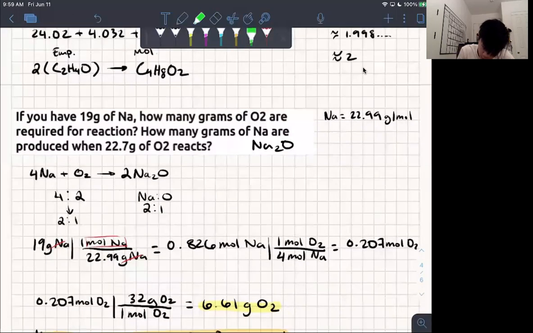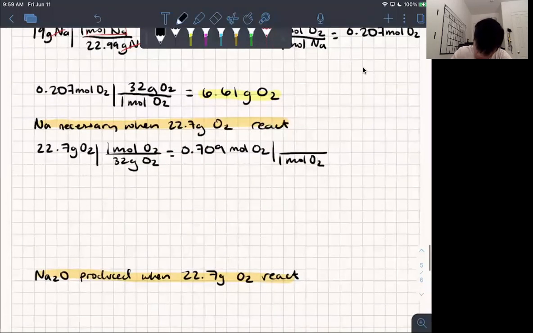Referring back to this balanced equation, for every 1 mole of oxygen gas, we use 4 moles of sodium. So 0.709 times 4 equals 2.8375 moles of sodium. The units cancel out, and you're left with moles of sodium.